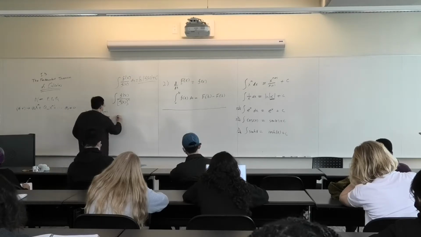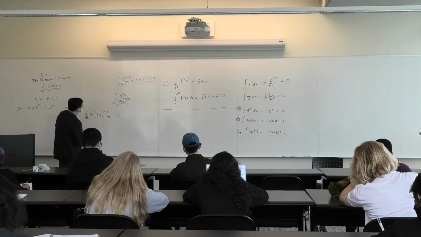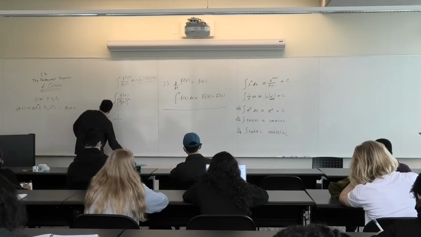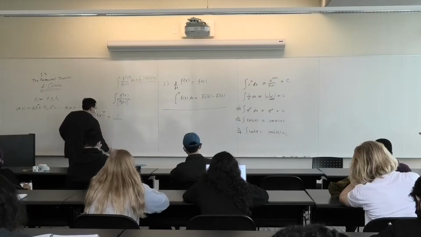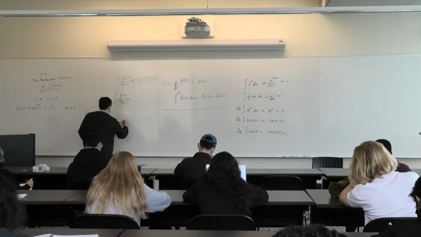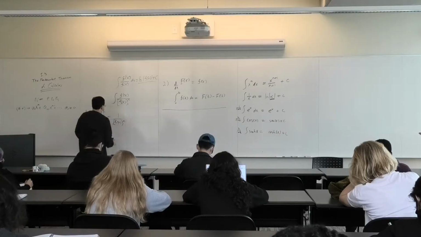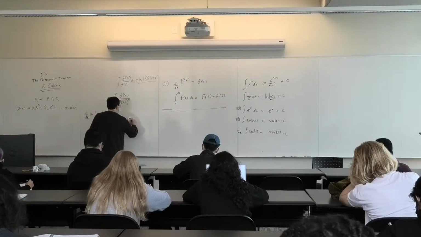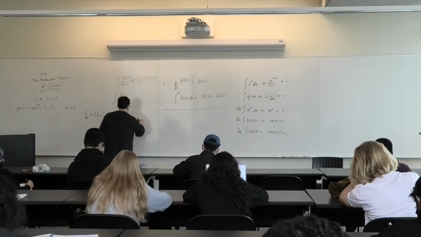That would be 1 over f of x to the n times n minus 1 times f of x to the n minus 1.